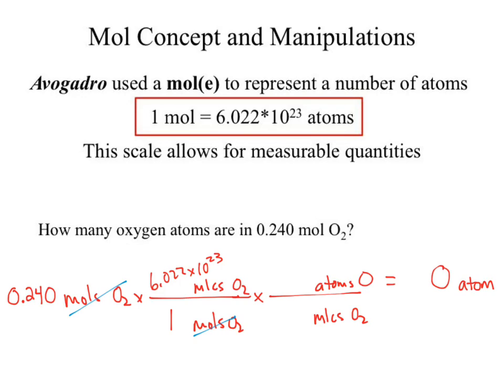What is the conversion factor between the atoms of oxygen and a molecule of O2? How do you know there's 2 oxygens in 1 molecule of O2? The formula subscript of 2 applies to whatever's directly in front of it. That formula for O2 says there are 2 oxygen atoms in the molecule of O2.